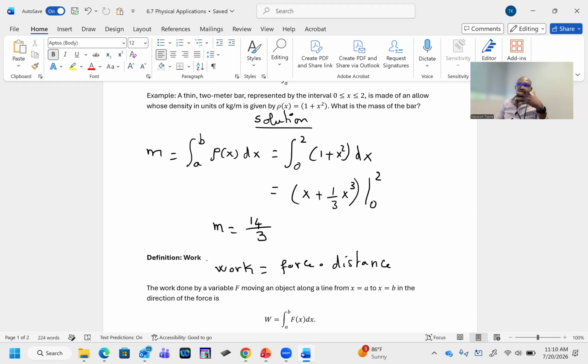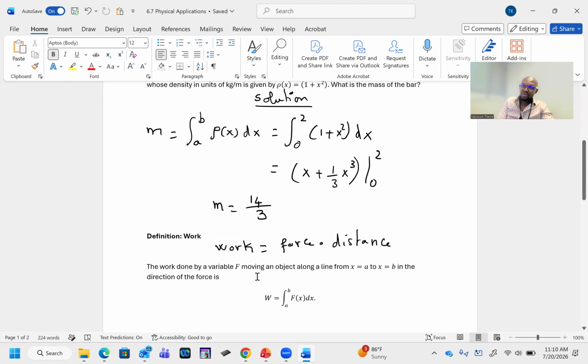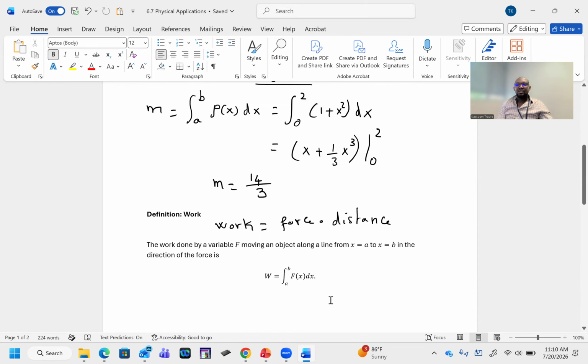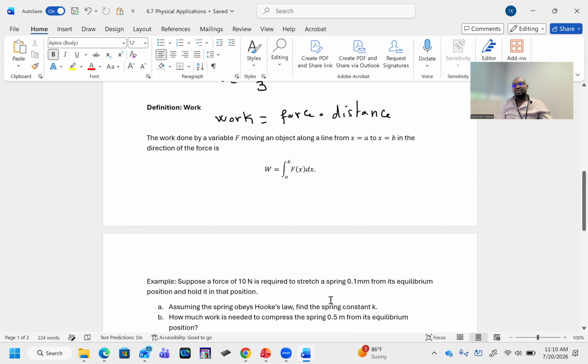So how much work is done in moving the object between x is equal to A and x is equal to B. So that's what this formula, the work done by a variable force moving an object along a line from x is equal to A to x is equal to B. The direction of the force is W, which is work, is equal to the integral from A to B f of x dx. Let's go ahead and do the first example of this.